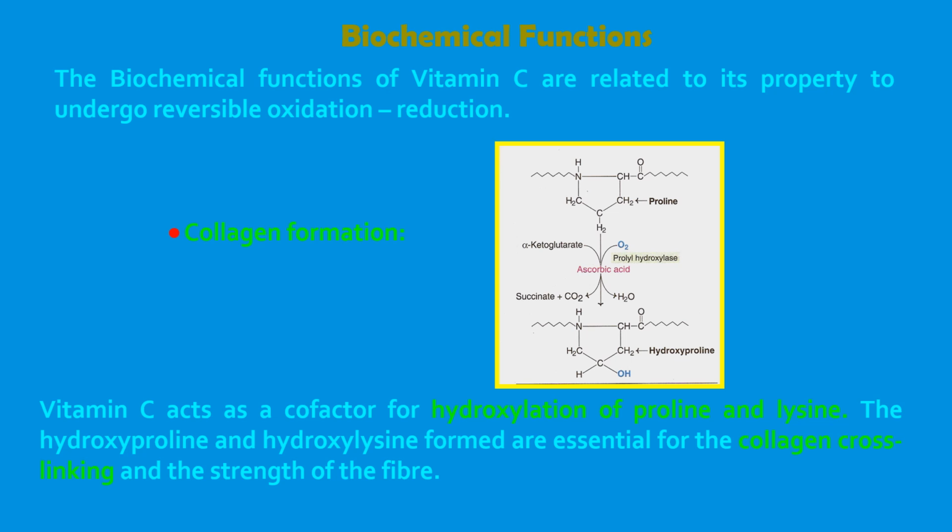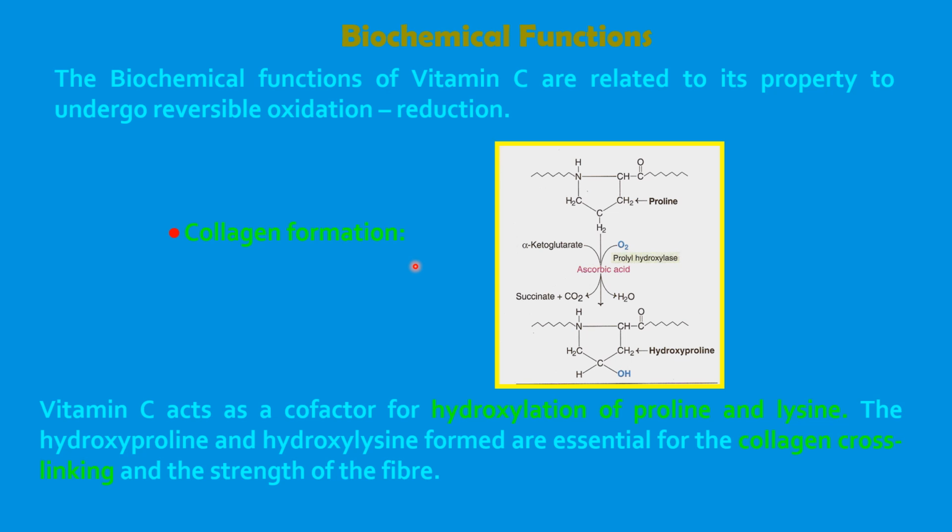So what are the biochemical functions of vitamin C? Vitamin C has several biochemical functions. One function is that vitamin C is very important in collagen formation. So we know collagen is a fibrous protein, and it is made up of sheets of collagen that are held together by hydrogen bonding.